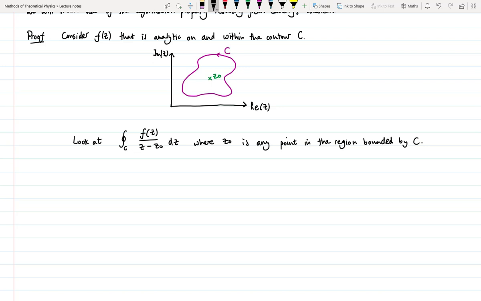Okay, next we can note that the integrand in our contour integral here is f of z over z minus z naught. This only fails to be analytic at the point z equals z naught, unless the function value f of z naught vanishes there.